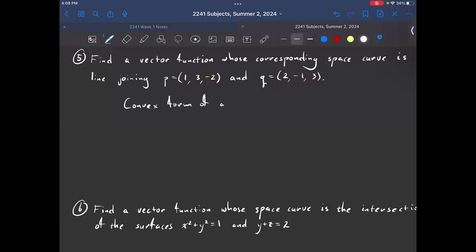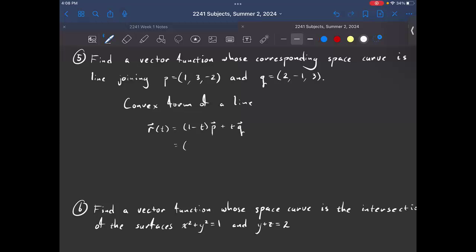There's an even easier way if you remember the convex form of a line. So it's the convex combination of these 2 points. What is a convex combination? Well, it's this. So 1 minus t times p as a vector plus t times q as a vector.